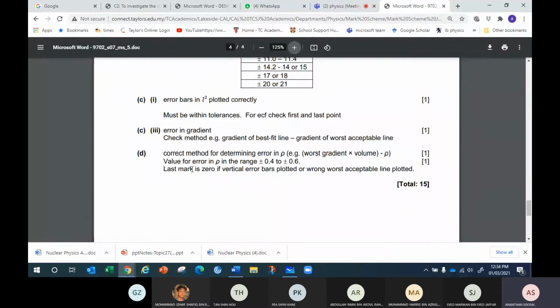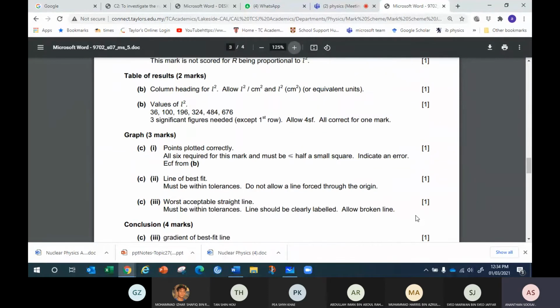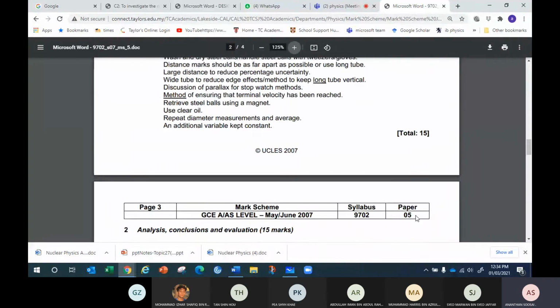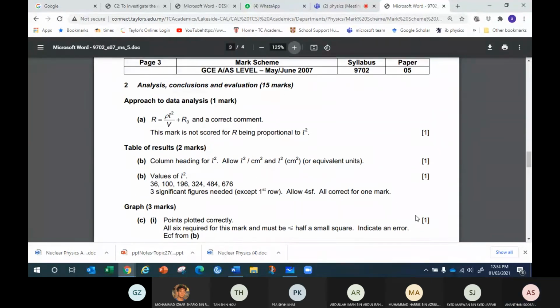For D, the 1 mark for the method you get, but the value you might lose marks. So some you'll get, some you won't. For method questions, you get the mark. So be careful, don't make mistakes in your data. Very important. Okay, any other questions?